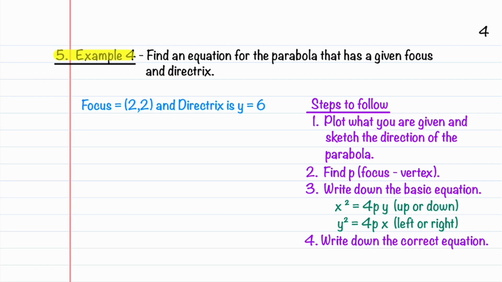In this example, we are going to find an equation for a parabola that has a given focus and a given directrix. We're told that the focus is equal to 2, 2, and the directrix is given by y is equal to 6. I've again written down some steps that we can follow. Our first step is to plot what we're given and then sketch the direction of the parabola.